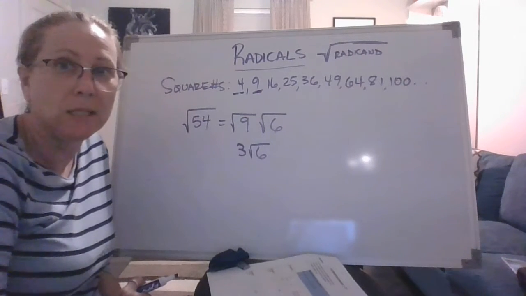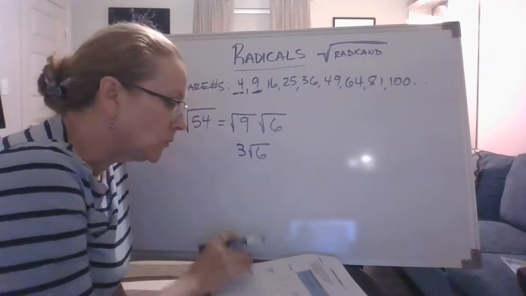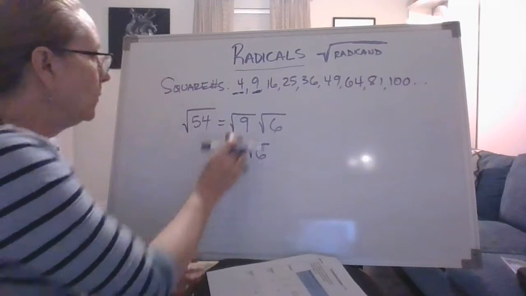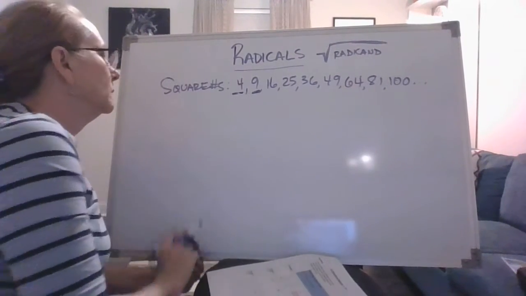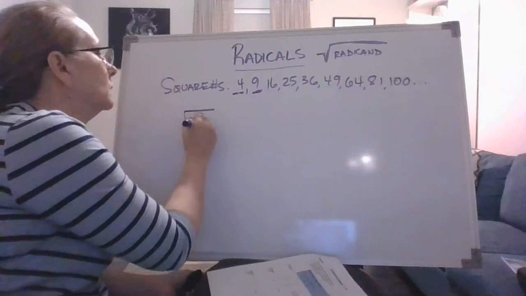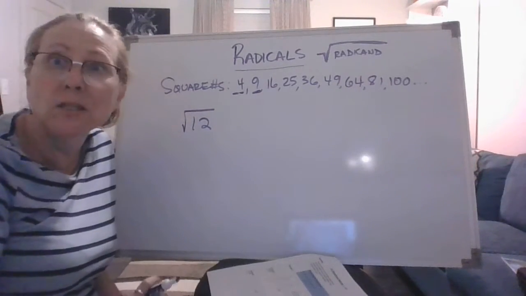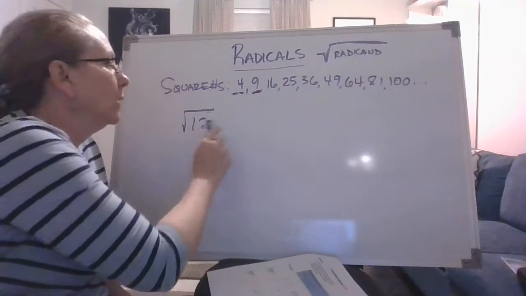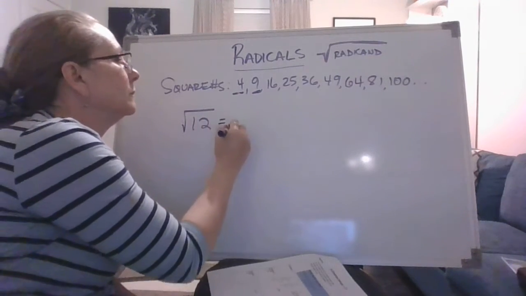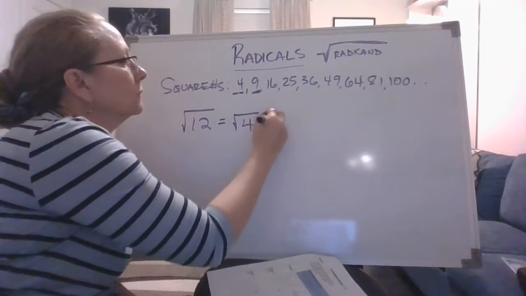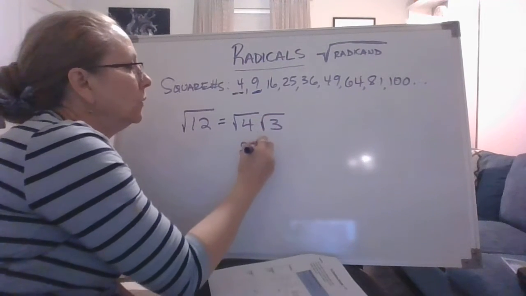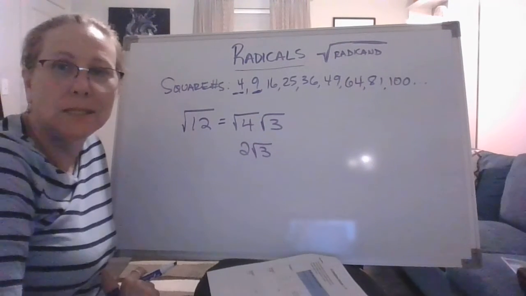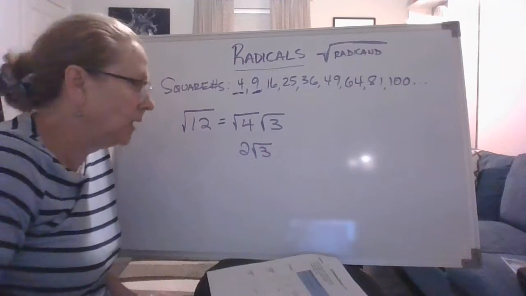That's your simplified answer. Next one, the square root of 12. Like, okay, that's 2 times 6. Yeah, but neither 2 nor 6 are here, but 4 is. 2 root 3. Simplified.